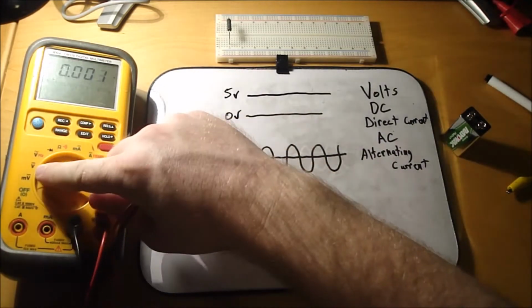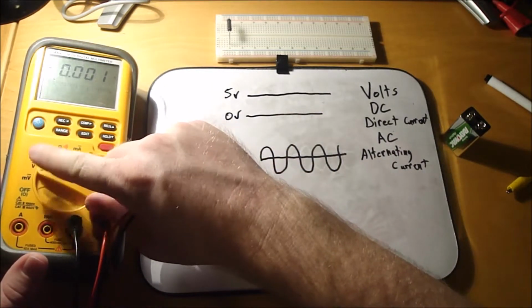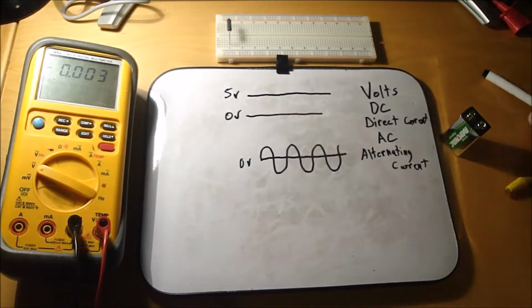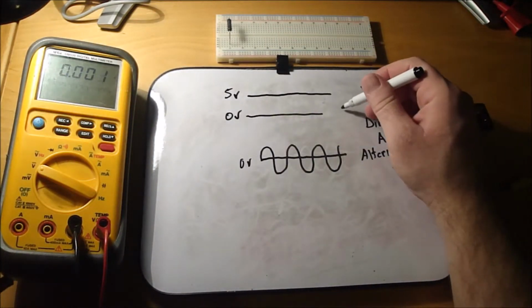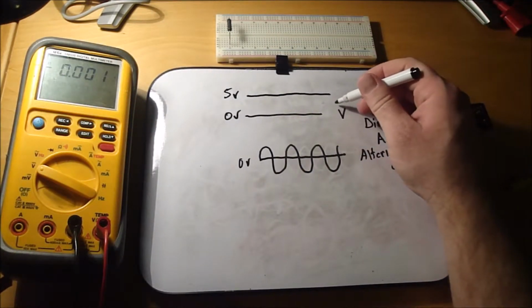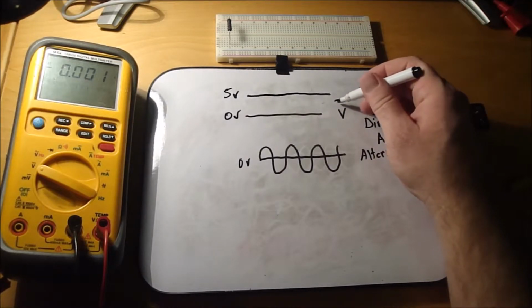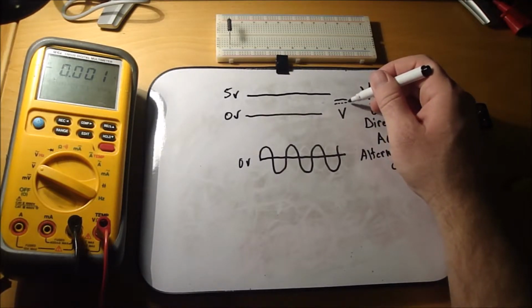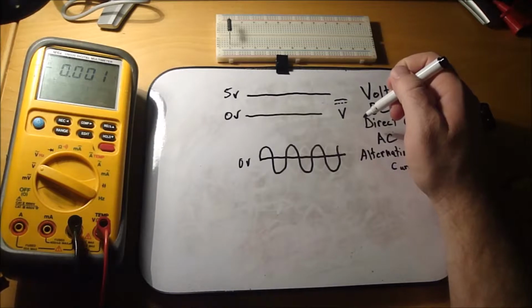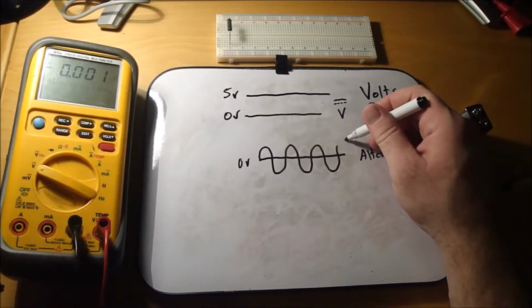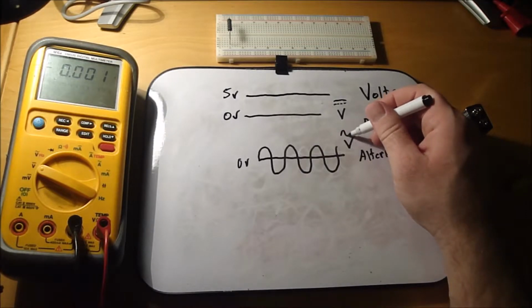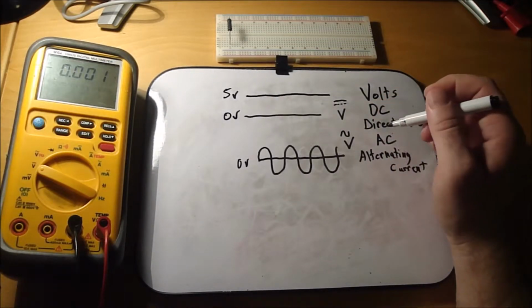and I switched my meter to volts DC, which the symbol for that is a solid line with a dotted line underneath. That's volts DC, and then volts AC would be a V with a squiggly.